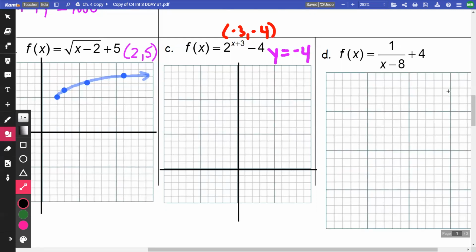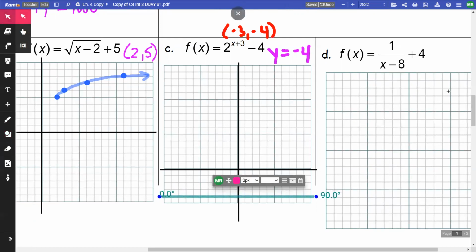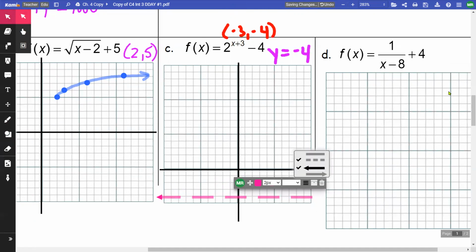Okay, and my asymptote's going to be at y equal -4. So let's say here, let me just drop it down. And let me make it dashed.